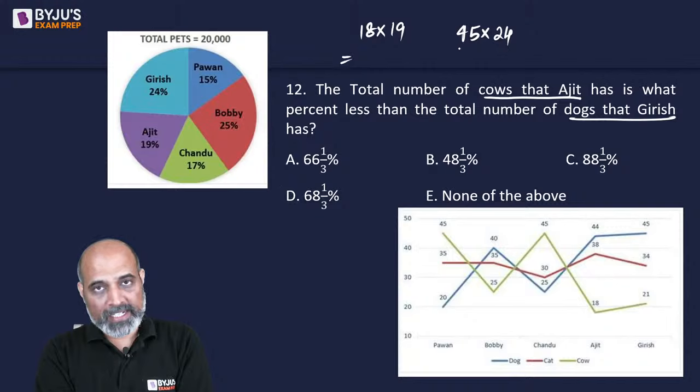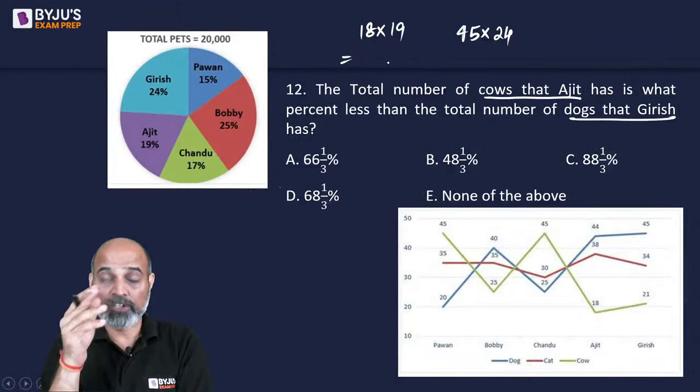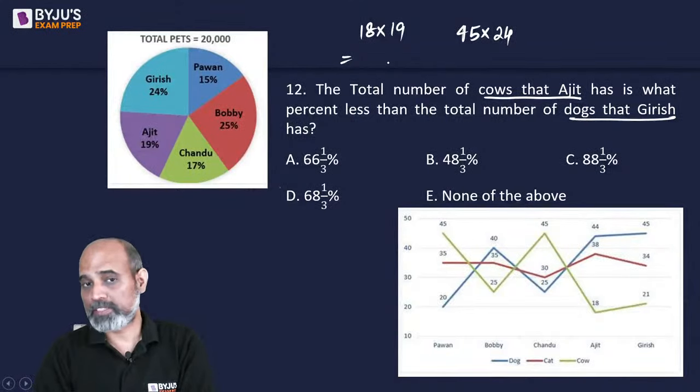So 18 into 19 can be calculated as 18 into 18 plus 1. 19 को 18 plus 1 कर लो आप, या फिर 18 को 19 minus 1 लिख लो. Completely your choice.